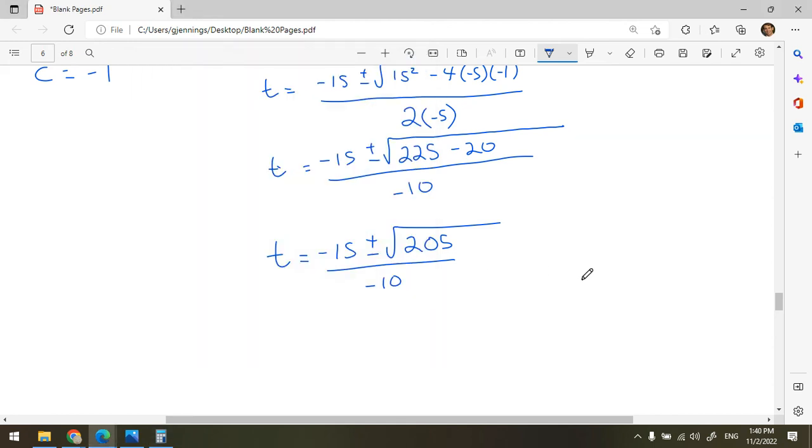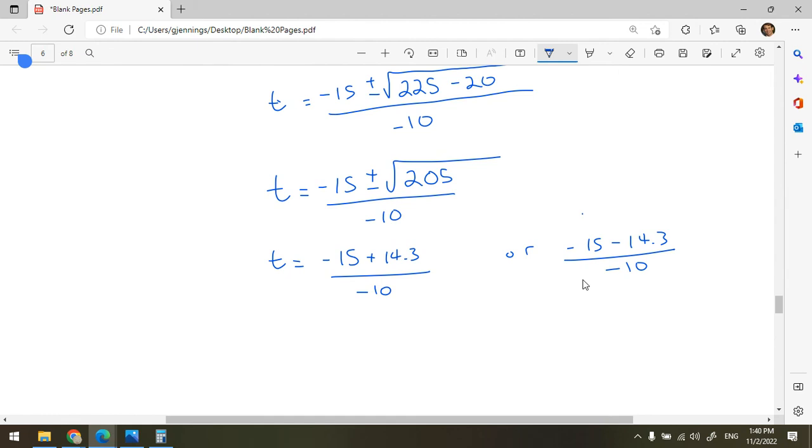So let's go. So we have T is equal to either negative 15 plus 14.3 or negative 15 minus 14.3, all over negative 10. Evaluate these two separately.